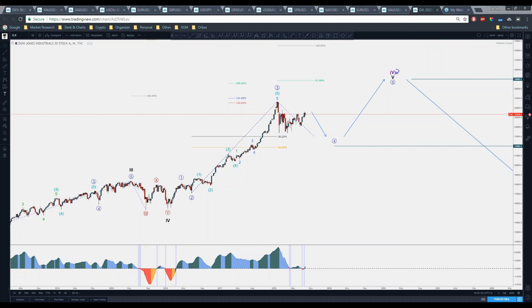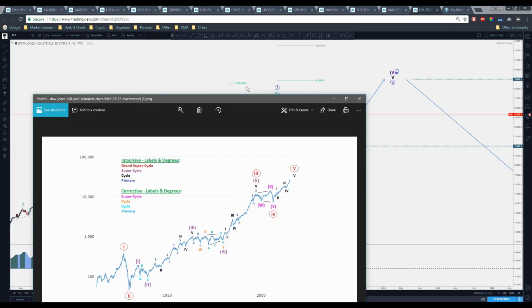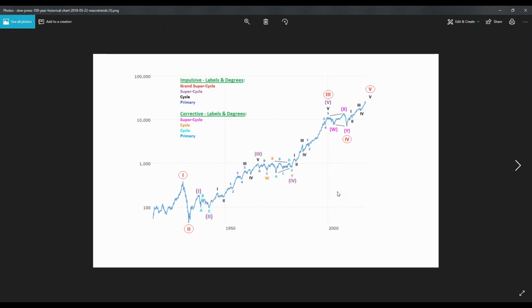I told you I will have a treat for you guys. Let me just do this. This is the Dow Jones chart, 104 years chart from 1914, in which I'm labeling the bull market, wave 1, and then the sharp fall is basically the Great Depression in the 1930s.